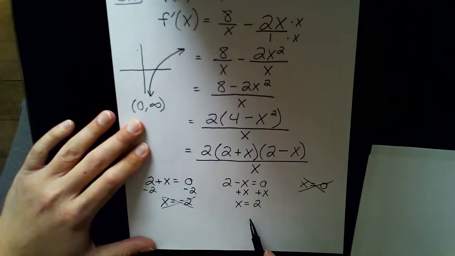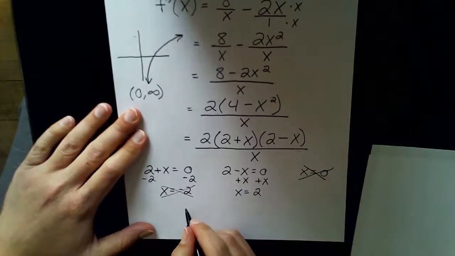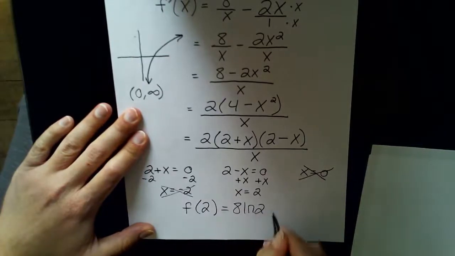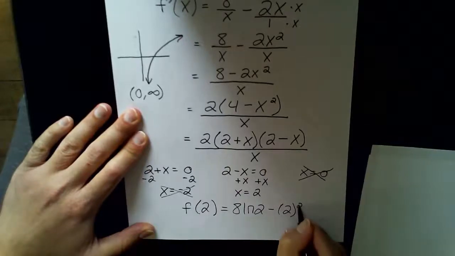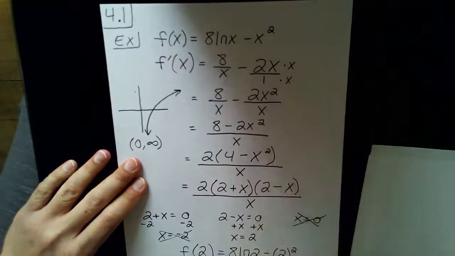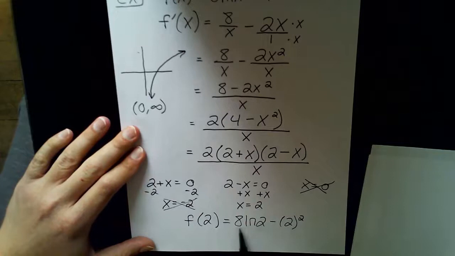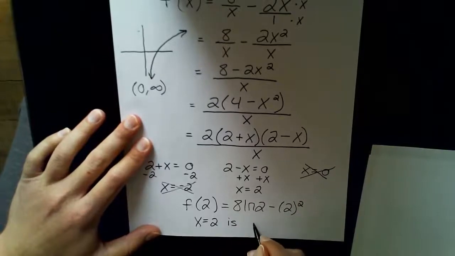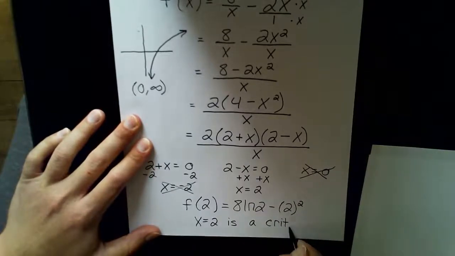The only option is x equals 2, so if we find f of 2, we get 8 natural log of 2 minus 2 squared when we plug that in for our x's. And with that, it doesn't matter what this result is. All that matters is this has a result. If you were to plug this into your calculator, you would get a real answer out of it, which means x equals 2 is a critical number.